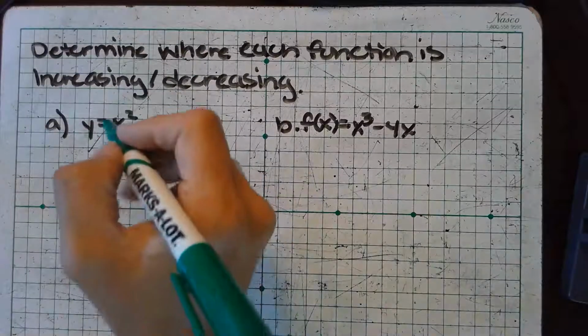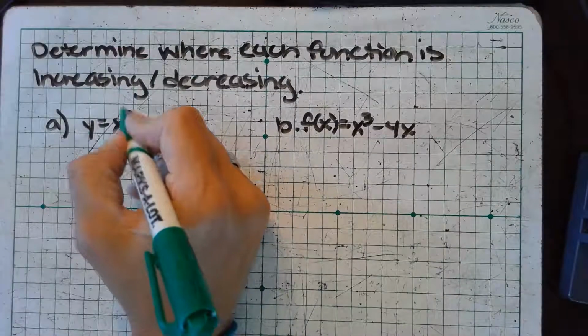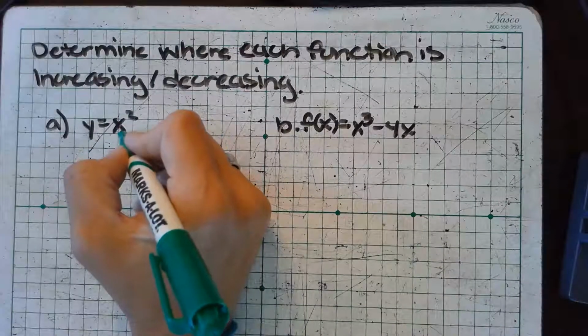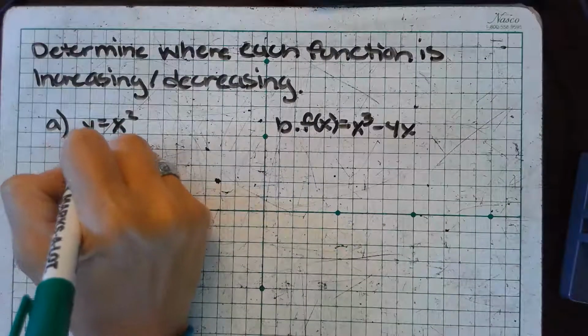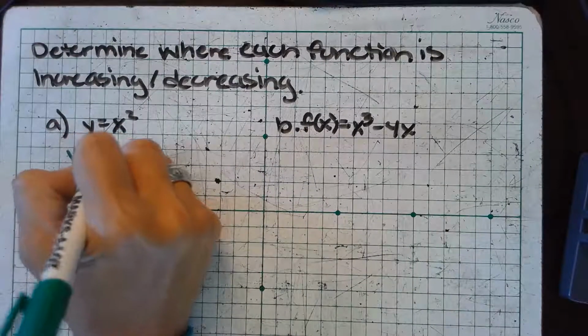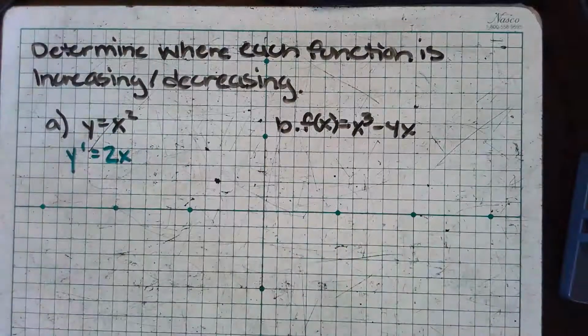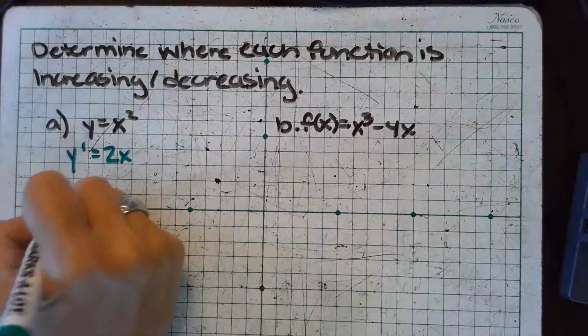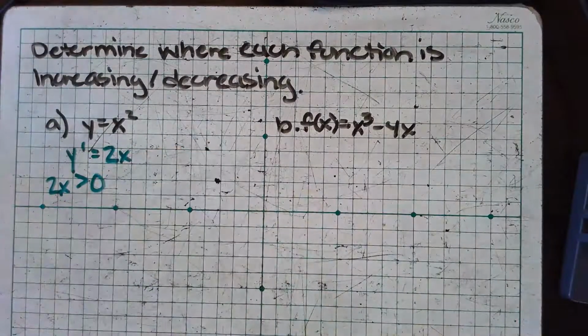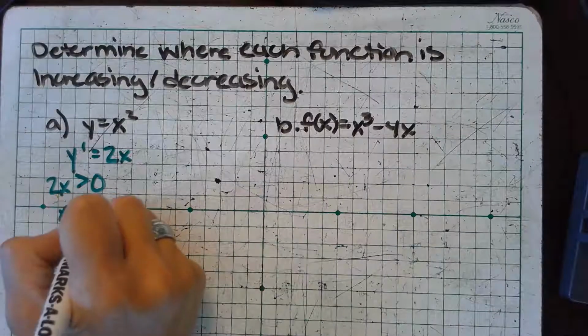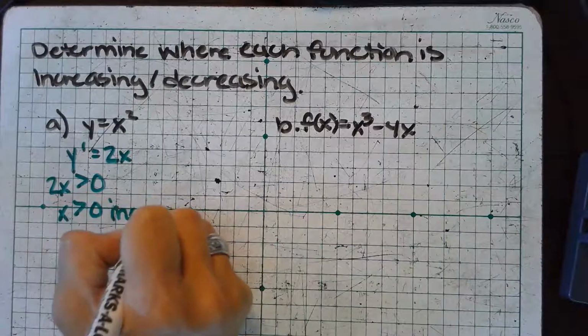Well, we don't actually have to look at a graph on this. I can find the derivative. It's y prime equals 2x. And remember what we just said. When it's greater than 0, it's increasing. So here, x greater than 0 is increasing.